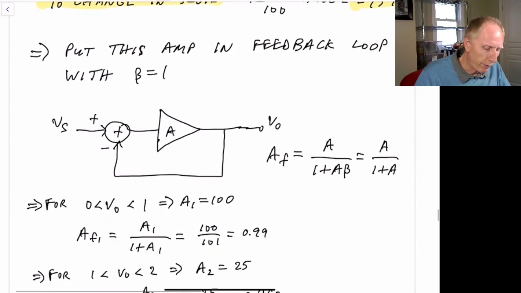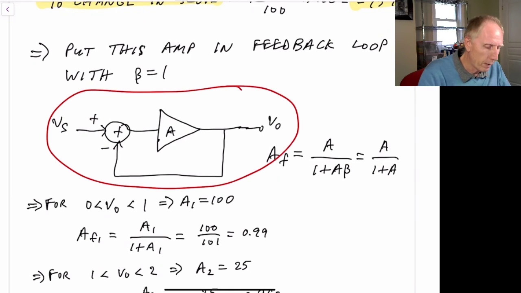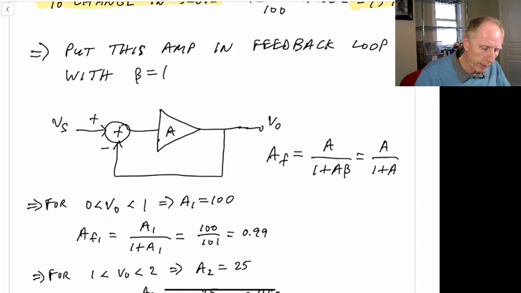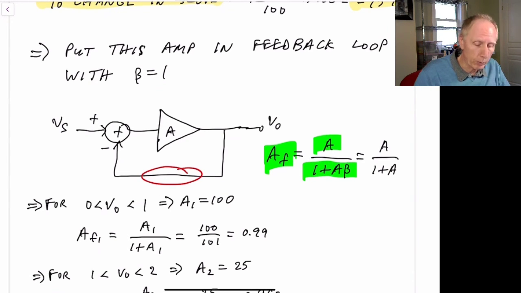Now we put this into a feedback loop, as shown here, and again we write our equation for the closed loop gain equal to A divided by 1 plus A beta. In this case, beta is shown down here, and it's just equal to 1.